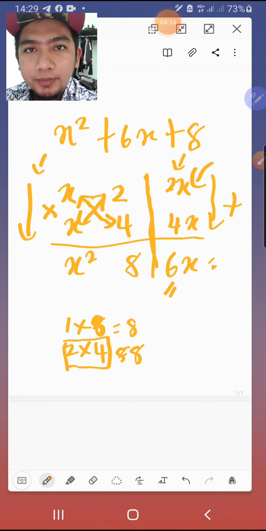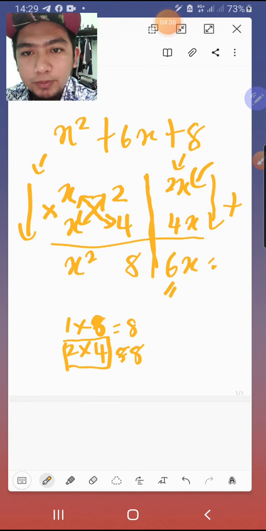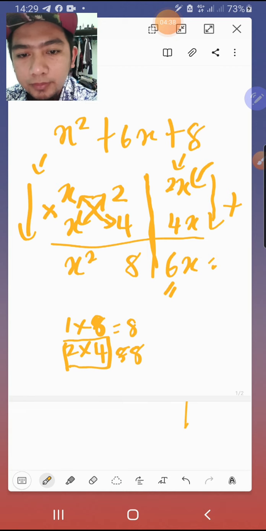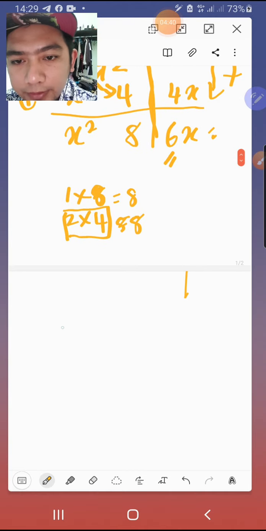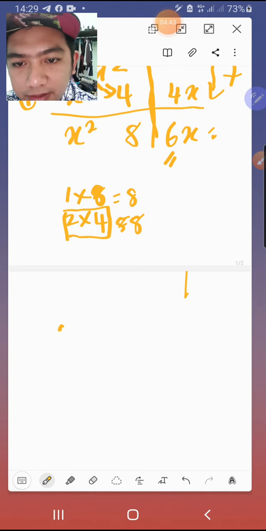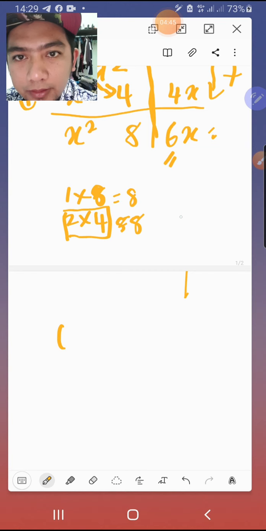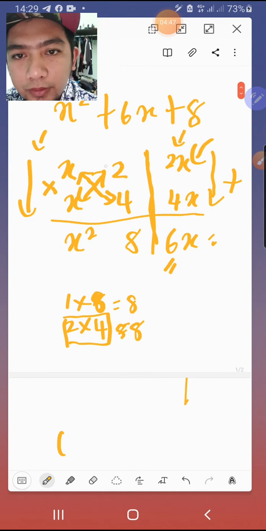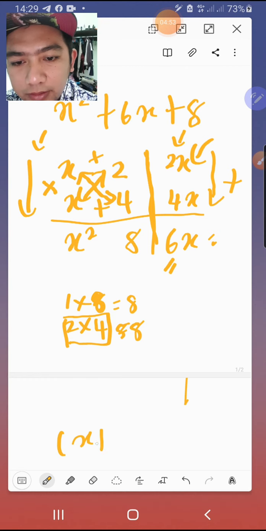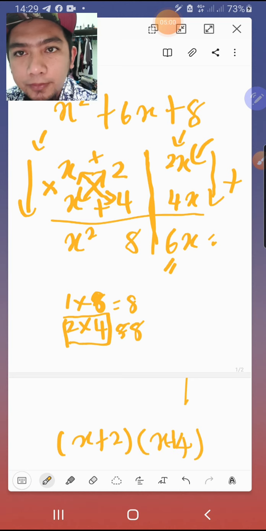So nanti dia punya jawapan ialah the factorization is di sini lah. Actually 2 ni adalah positif kan, 4 is also positif. So x plus 2, x plus 4. So this is the answer.